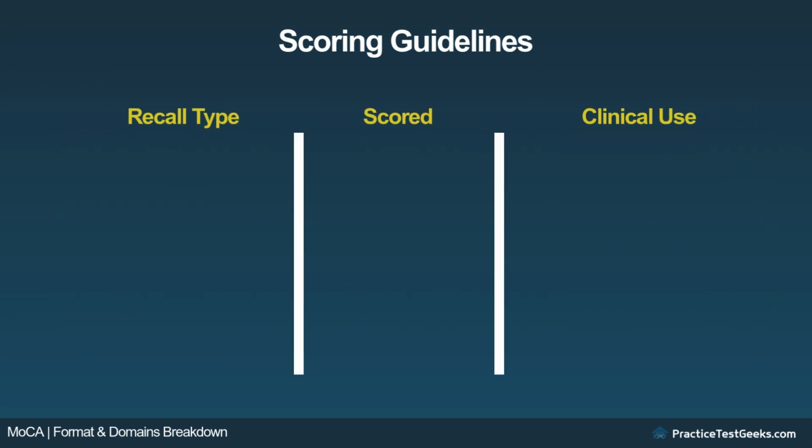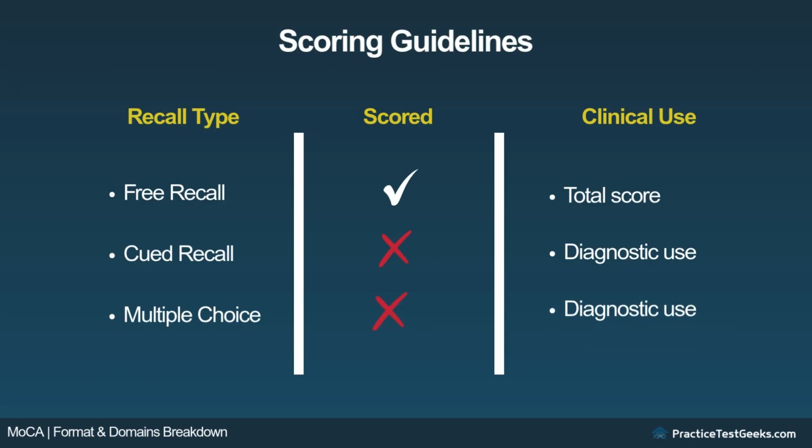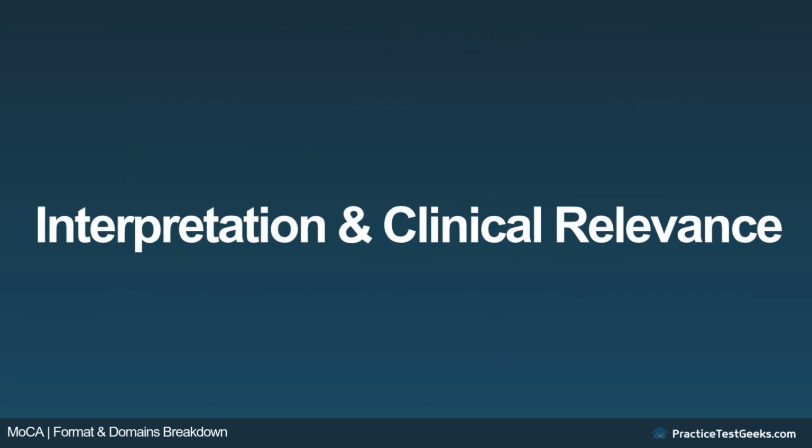Let's break it down. Free recall is scored and contributes directly to the total score. Cued recall is not scored, but is useful for diagnosing retrieval versus storage impairments. Multiple choice recall is also not scored, but it offers further diagnostic insight.